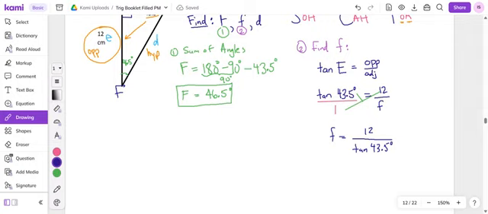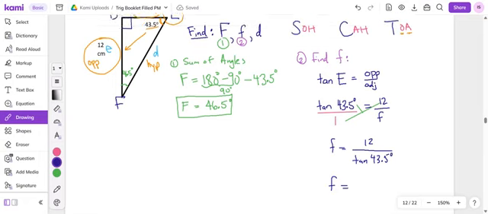Okay, so we're going 12 divided by tan 43.5. And I get a lot of decimals. So let's scroll up to check how many decimals we were asked to give.